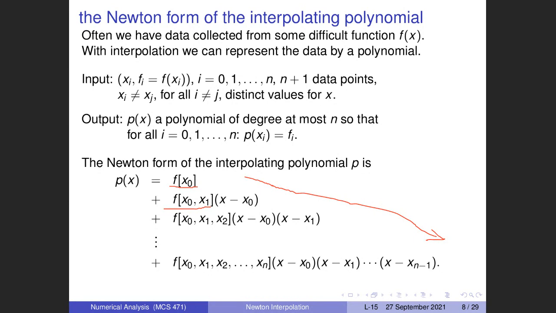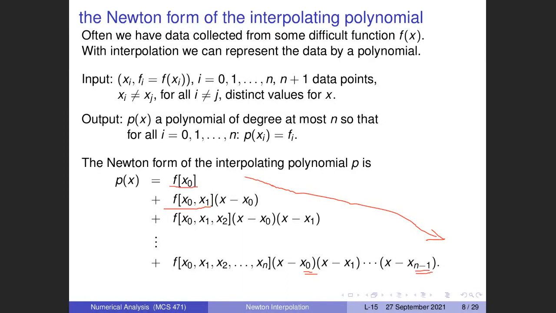And the second coefficient will be computed by what we call a divided difference. So the shape of this polynomial, you can see it's a polynomial of degree n, yes, not n minus 1, because we start to count from 0 and we go all the way up to n minus 1.